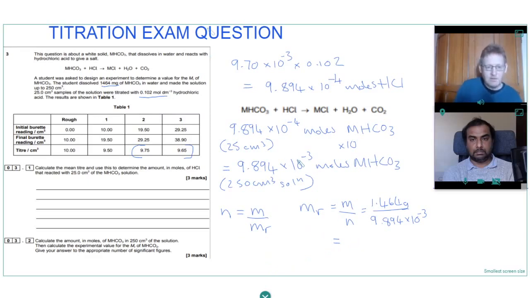And we get the MR to 3 significant figures would be 148.